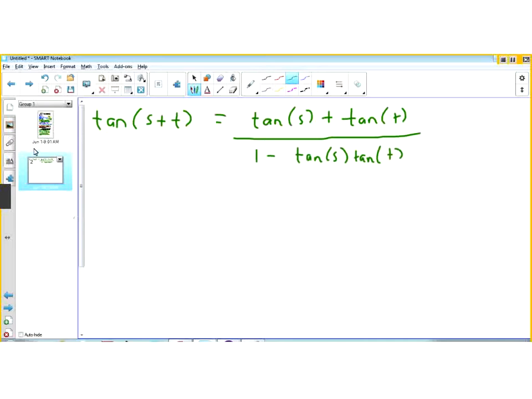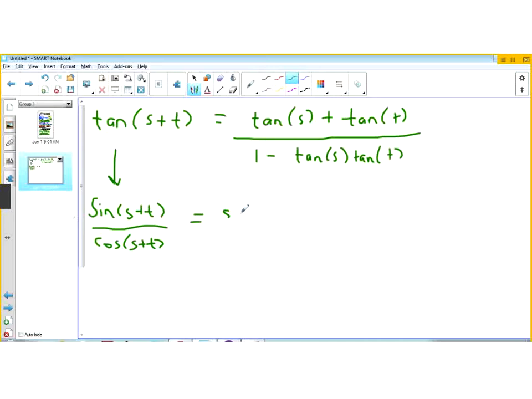Okay, so of course you can replace tangent with its definition. So tangent of S plus T is sine of S plus T divided by cosine of S plus T. Okay, and now just use the previous formulae.